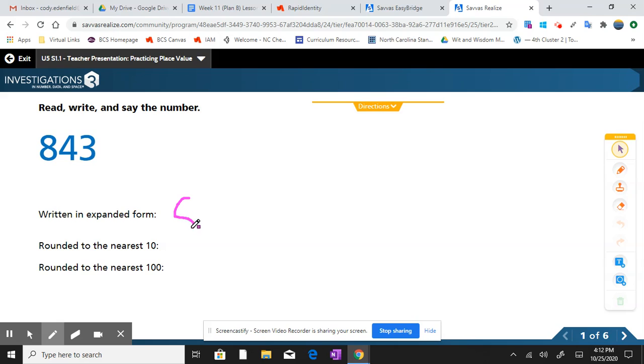This one is 800 because in the hundreds spot is an 8, and it is worth 8 hundreds, plus, make sure you're copying what I'm doing in your math notebook, 40, because the 4 is in the tens place, so it's 4 tens, so it's worth 40, plus, and in the ones place is a 3, 3.